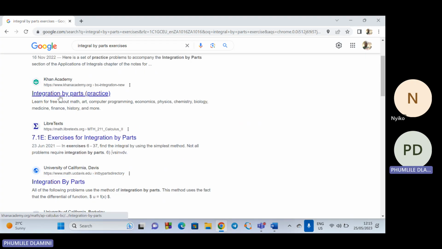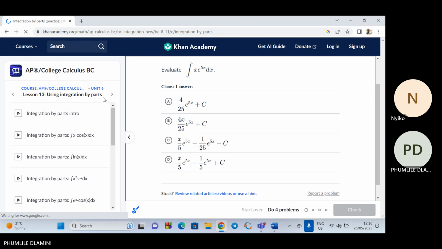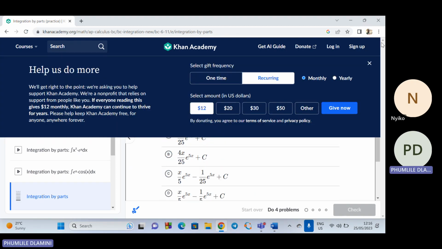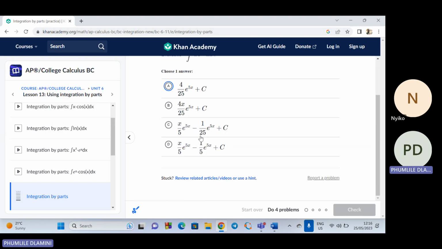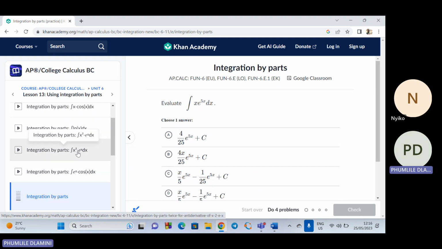Let's check if we can have some practice. So this is similar to the one we have been doing. We did ln x.